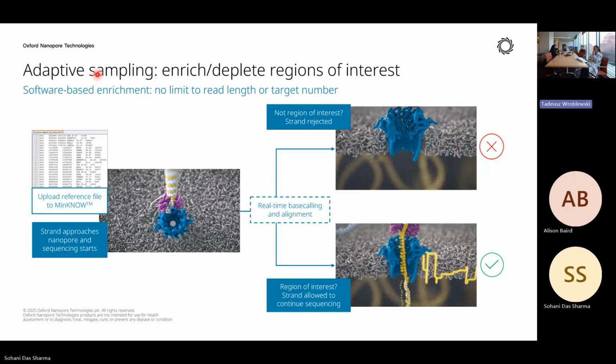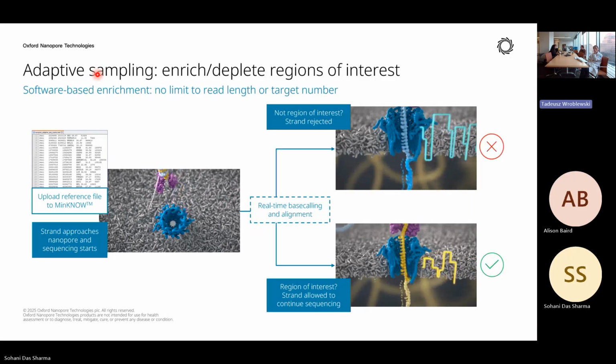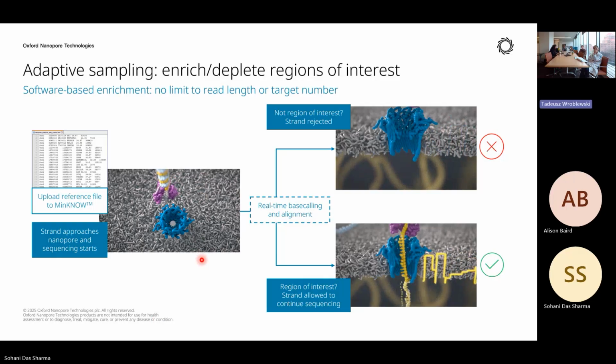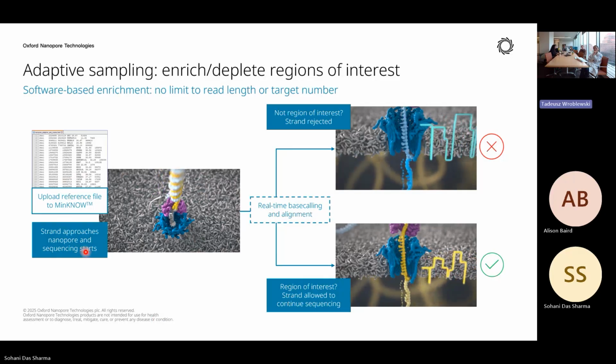It is the same chemistry we are utilizing here. The nanopore chemistry did not change. Library prep did not change here. What we are giving as additional information to the software is a bed file.